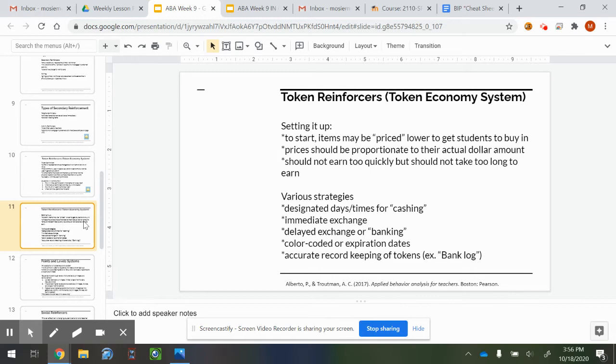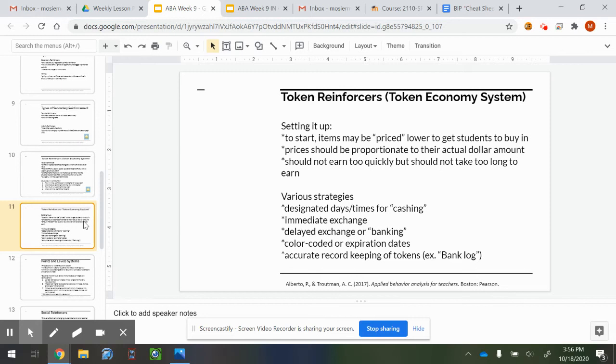There are different strategies that you can use in a token economy system. Some choose to have designated days or times for cashing in those tokens for a backup reinforcer. Some use an immediate exchange. Some allow students to use a delayed exchange or banking of points so that maybe they can save up for bigger items.